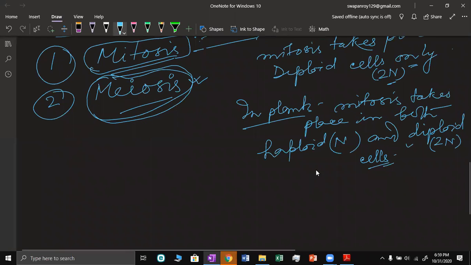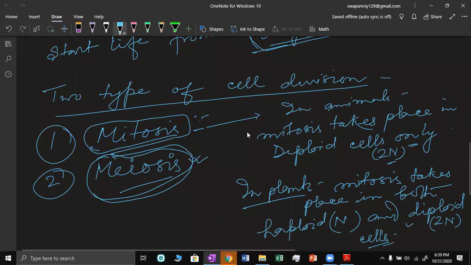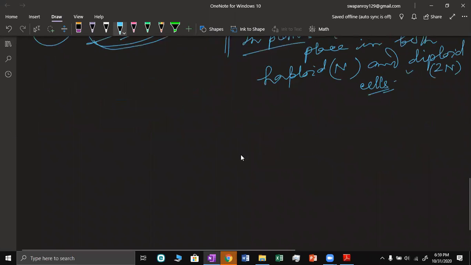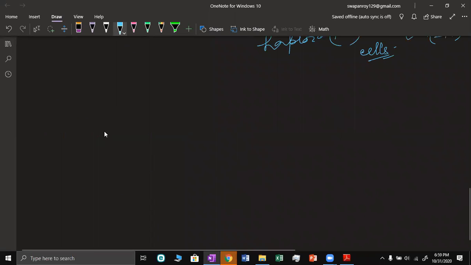So there is a very important difference in plant and animal cells. Meiosis we will see later on. There is one term actually when these cells divide.